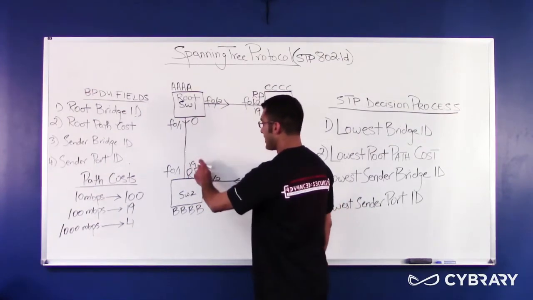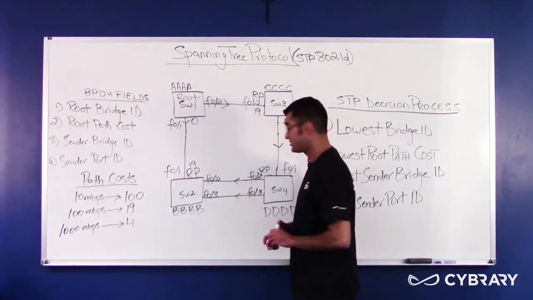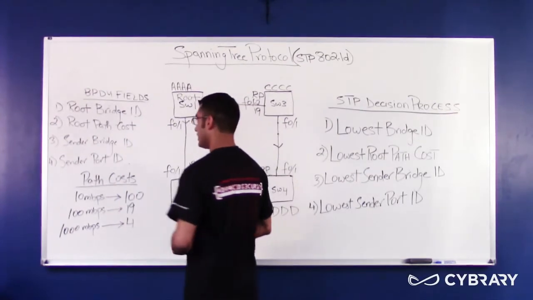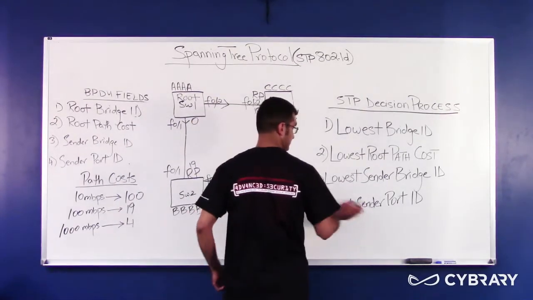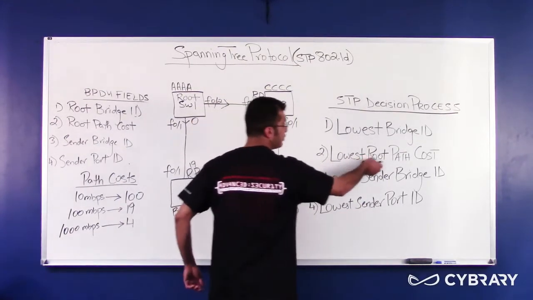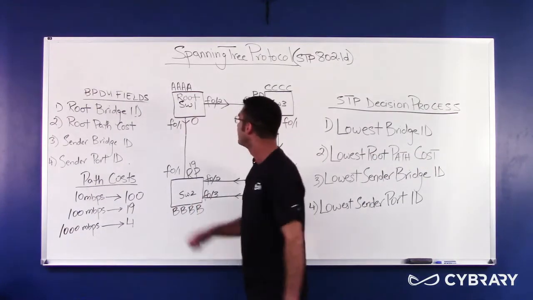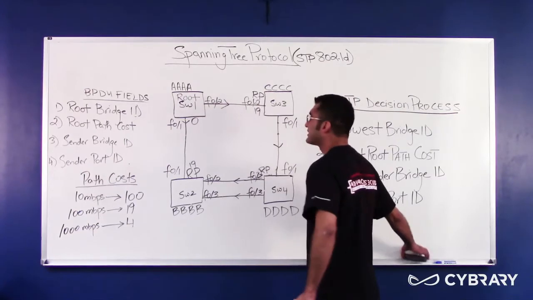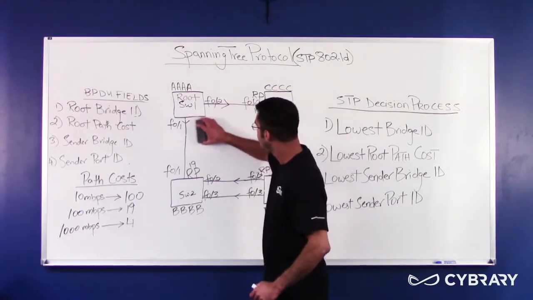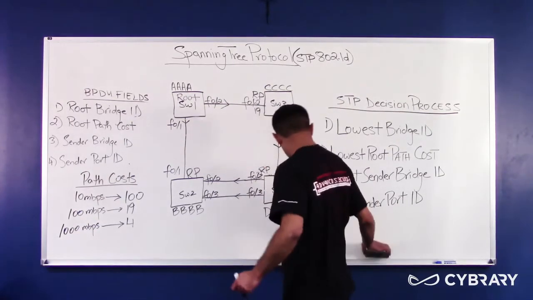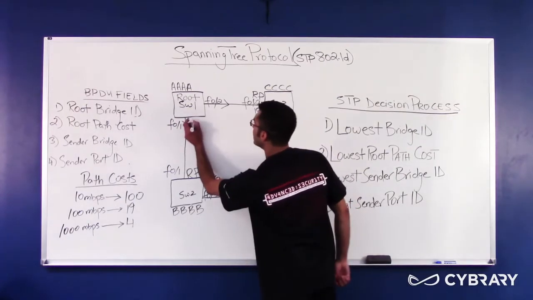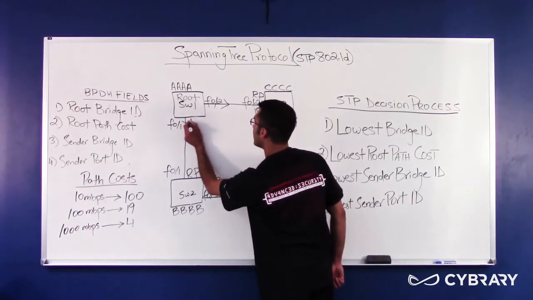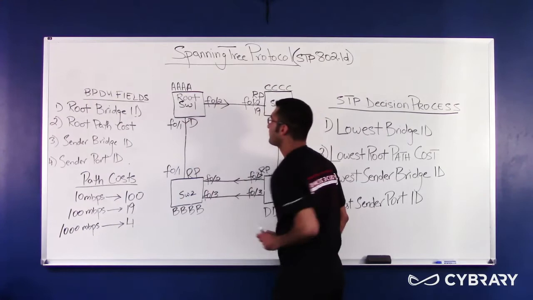So between 0 and 19, 0 wins, since the lowest root path cost wins, port 1 switch 1 becomes the designated port. So I'm going to put a D on port 1 for switch 1.